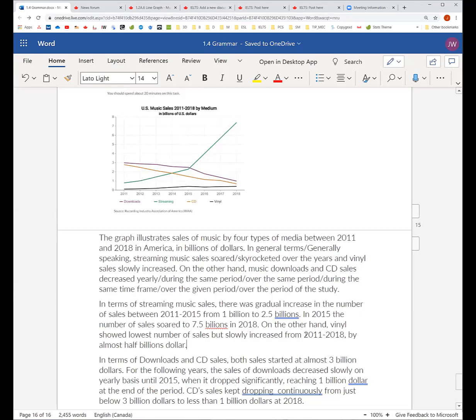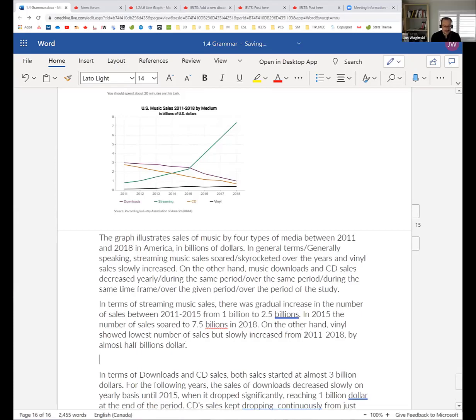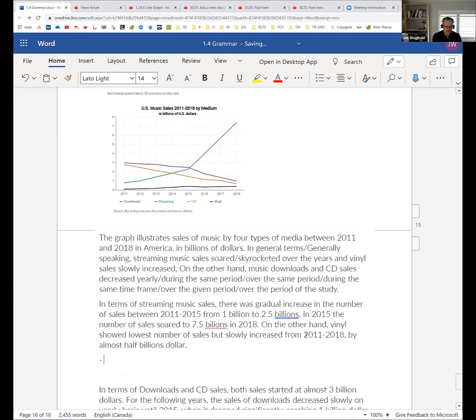Yeah, so there's a lot of issues with writing numbers like this. So the general rule is like this.